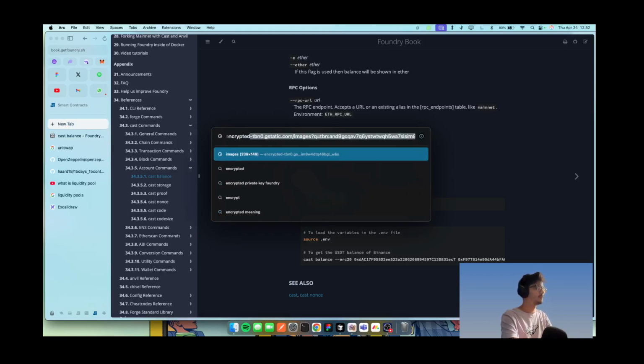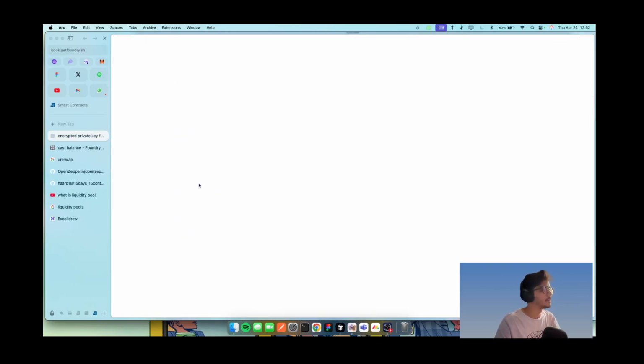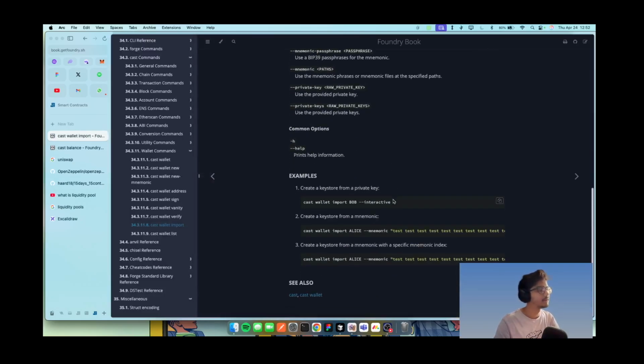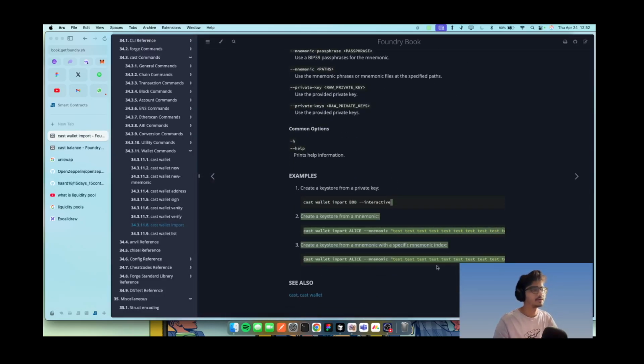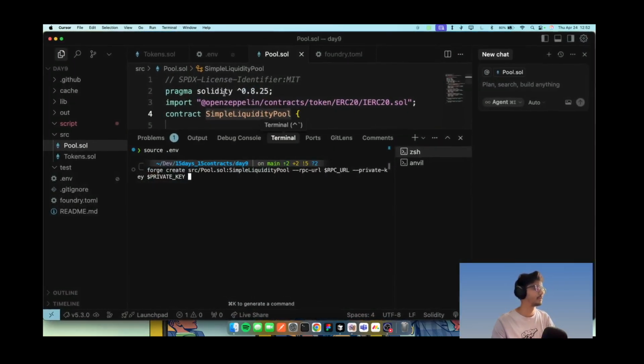Encrypted private key Foundry. I found this yesterday. Cast wallet import. So this is very important, and you can get a new wallet and use the private key without having it in this .env file, as these get stolen and stuff.